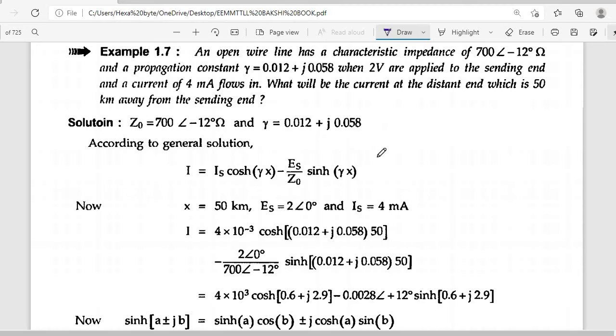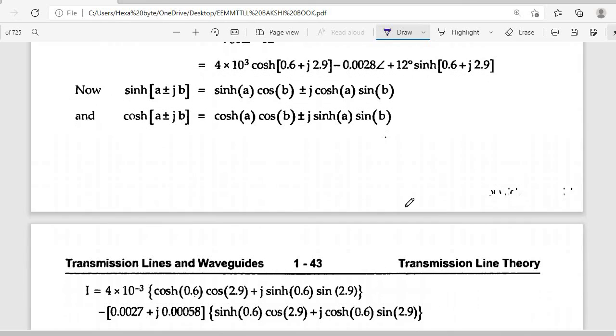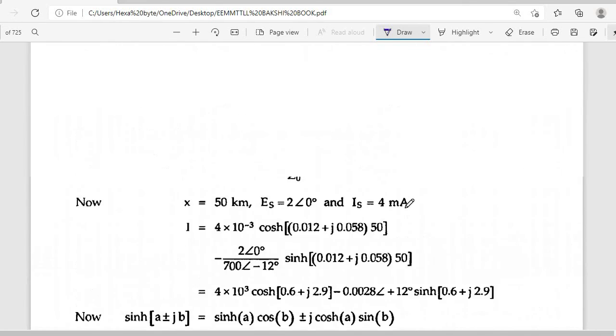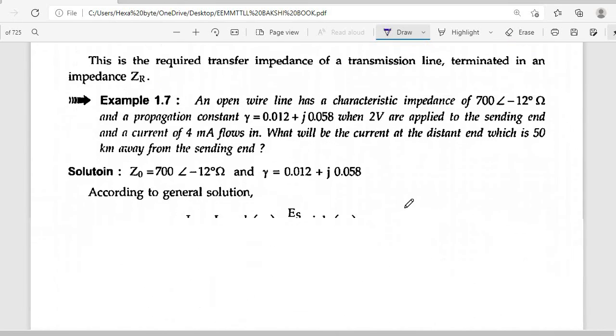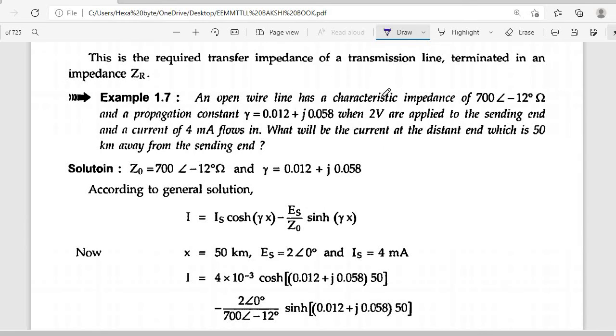So this is an example problem. Once you get this solution, then you have to substitute in the example problem and get everything. For example, see here in this case, an open wire line has a characteristic impedance, and the propagation constant is this one.